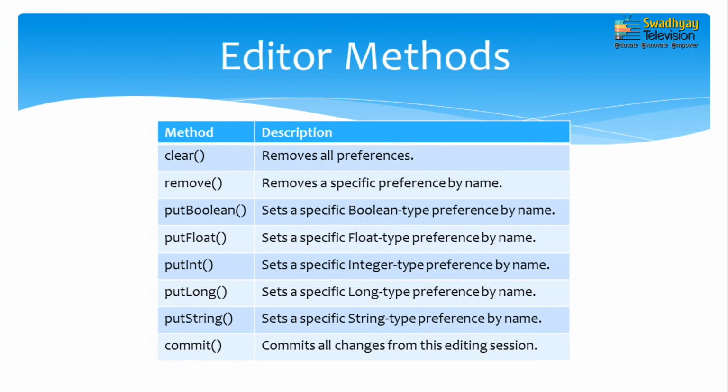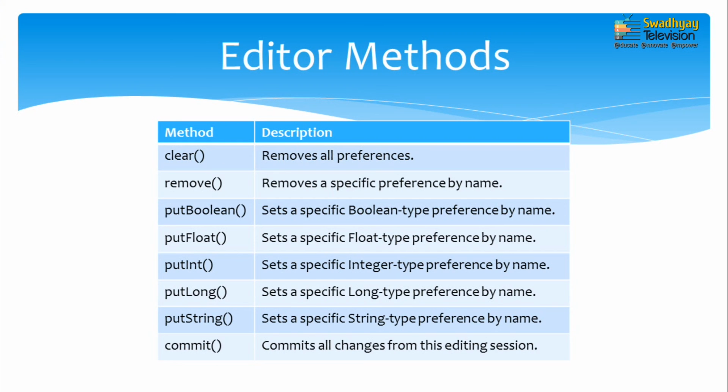Once you have get editor, you can put different values inside shared preferences. There are put methods like put boolean, put float, put integer, put long, put string, etc. to set preference by name. You have to specify preference and its value inside this put method.